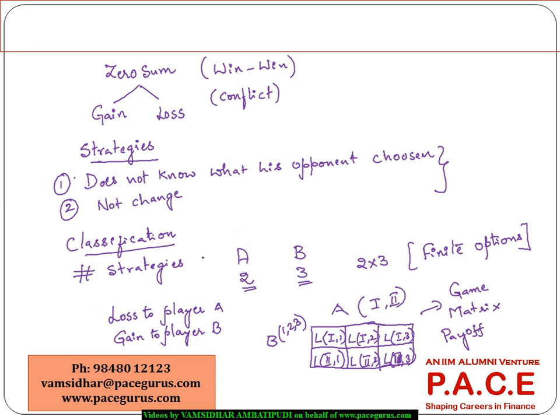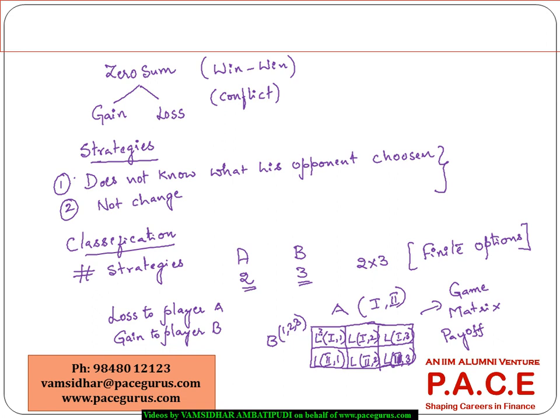That's a typical representation. Right? If I put a number 3, it means A has lost $3 and B has gained $3. So that is how we represent that particular matrix. When A is choosing the first strategy, B is also choosing the first strategy.